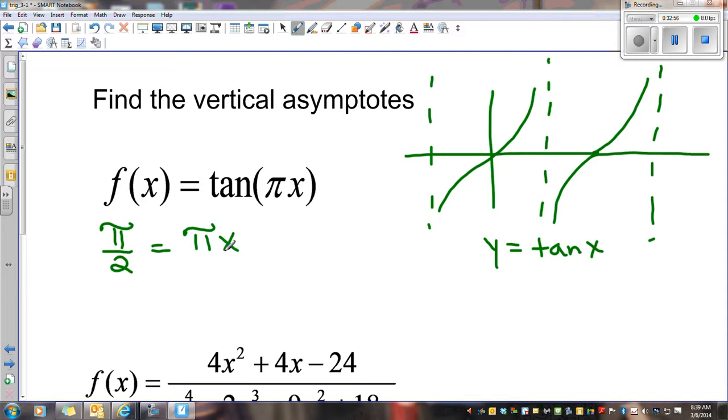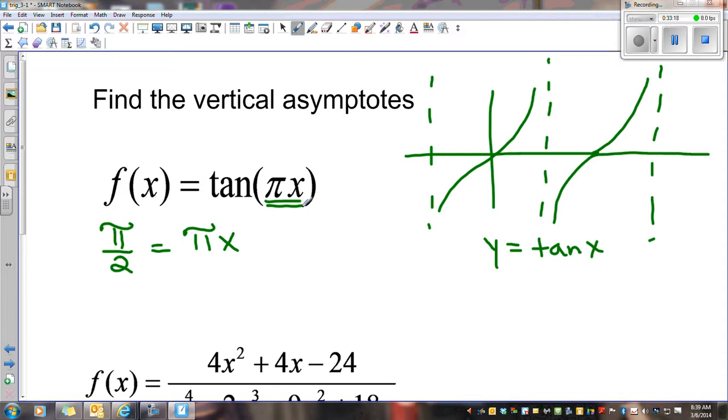So this is my angle. We want the first time this angle comes out to be pi over 2. We know that the tangent of pi over 2 is where this asymptote happens.